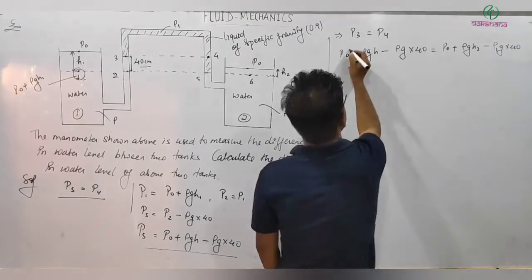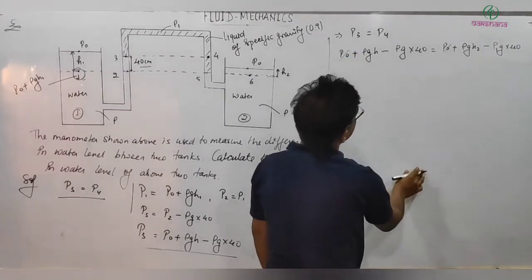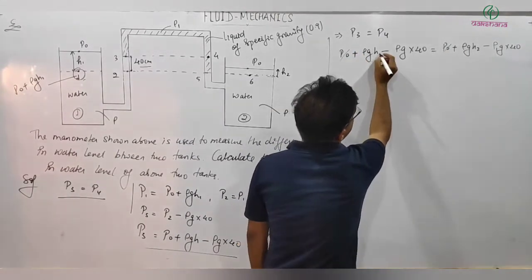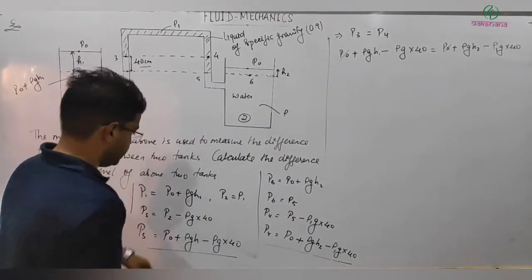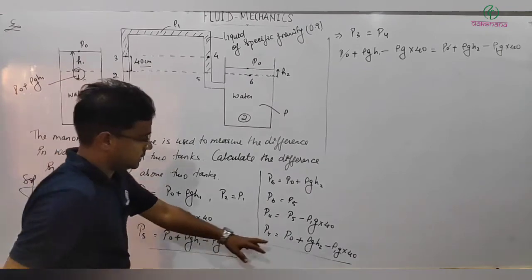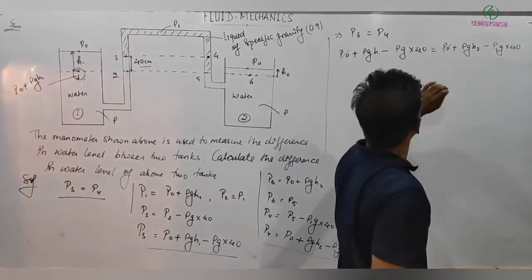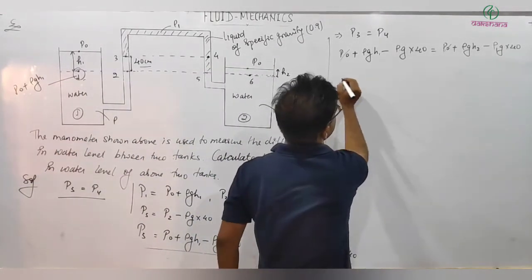Just equating this, P0 gets cancelled. This is H1 and this is H2.